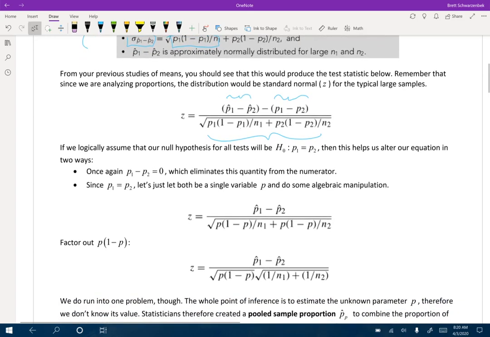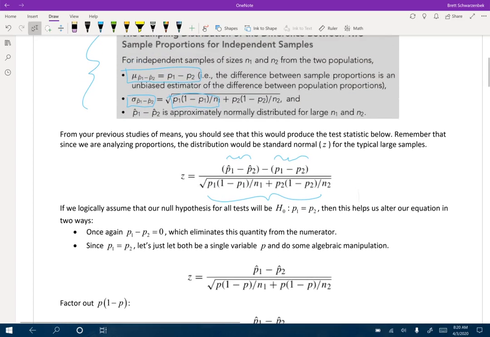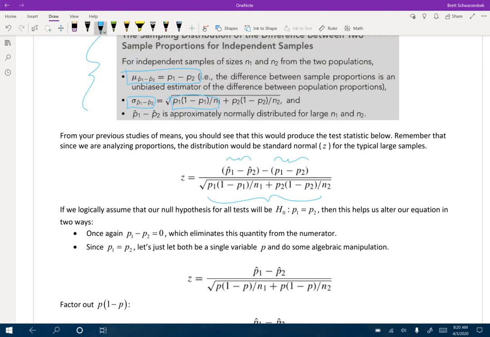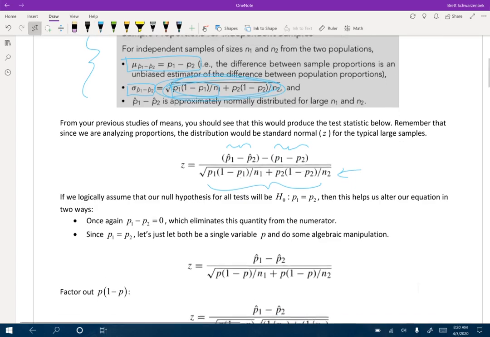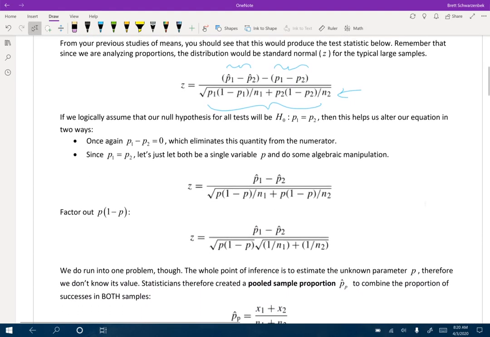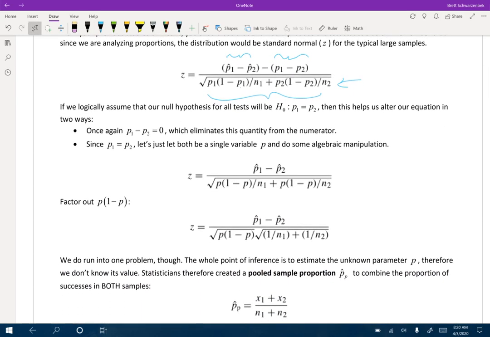That's always the setup for all of these. So we have our statistics p hats, we subtract them, we compare it to the difference of our parameters, p1 minus p2, and then we have our standard deviation in the denominator. Always the same, but the key is what we do with this thereafter to find the actual formula.